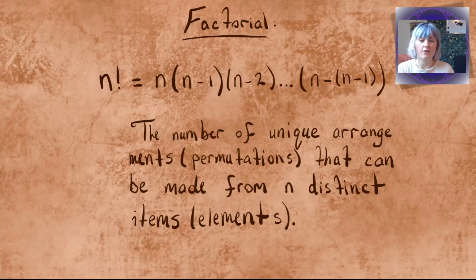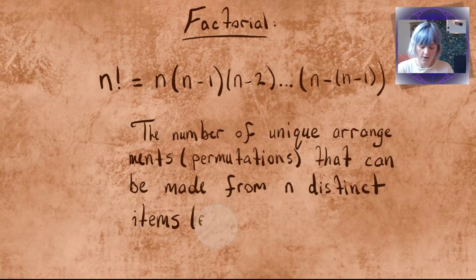So it's the number of unique arrangements or permutations that can be made from indistinct items. So we're going to build up to how we get this formula here. And it's going to make sense.